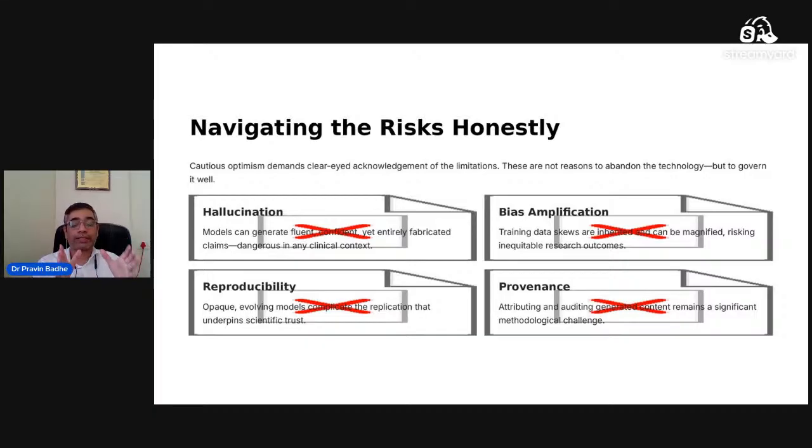As I mentioned earlier, when you are using AI, it is not only about using the model directly, but also making sure that the content being created has reproducibility, and based on that only can scientific trust be created. So it is important that the content being generated is audited, and significant methodology challenges can be reduced.